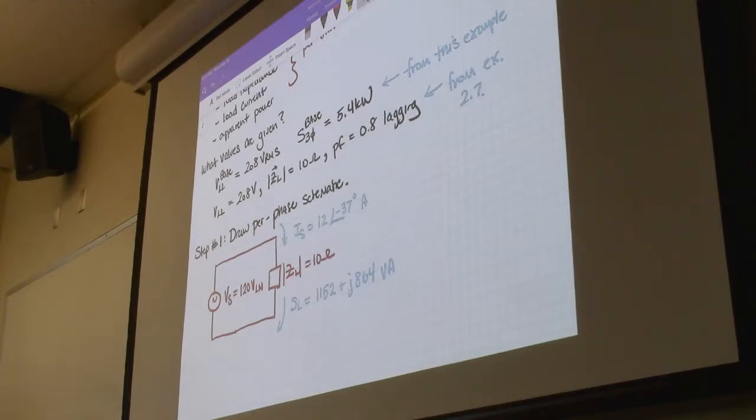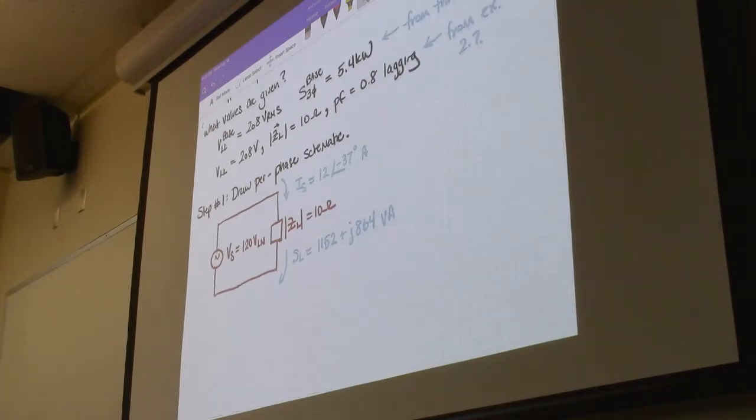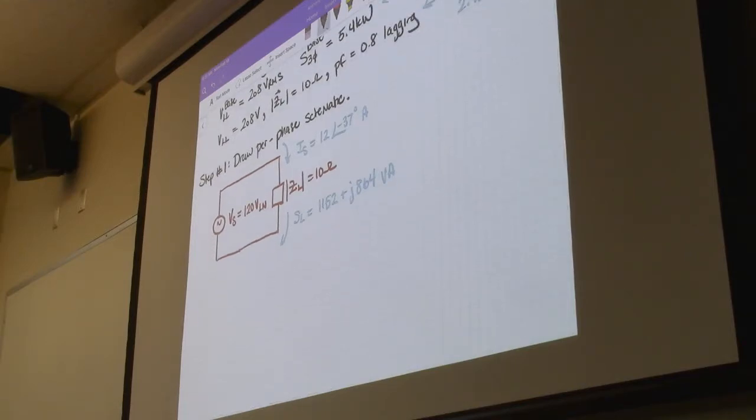Right, that value we also had. Now, how do our bases relate to this figure?